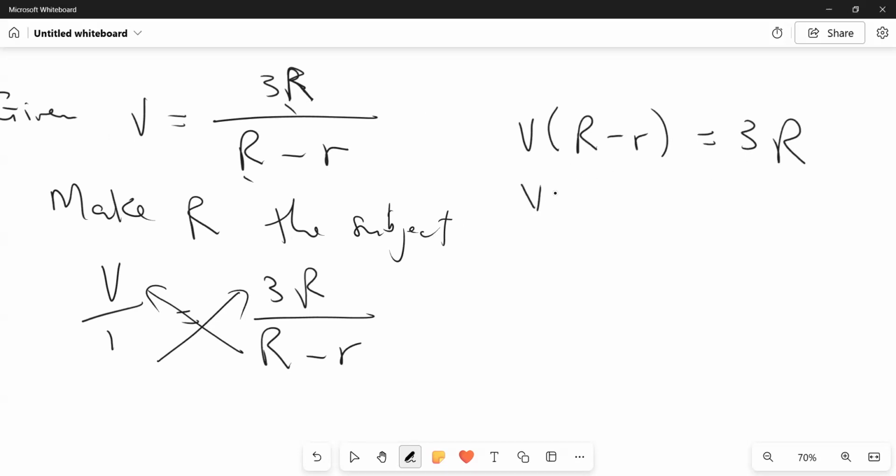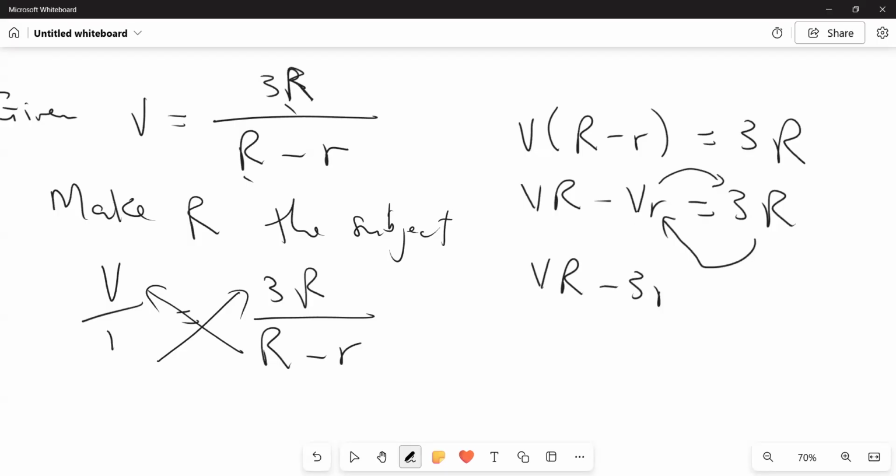So you get VR minus V small r equal 3R. We have R here, we have R here. Could we get them together? Yes, we can. Bring this over here and bring this over here. So you end up with VR minus 3R equal to positive V small r.